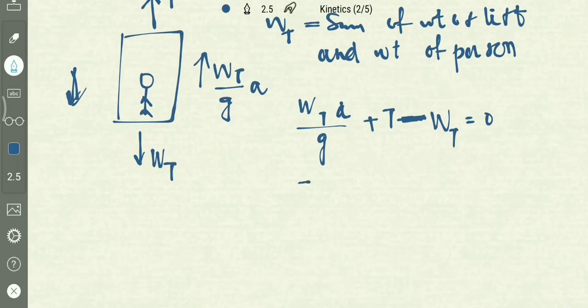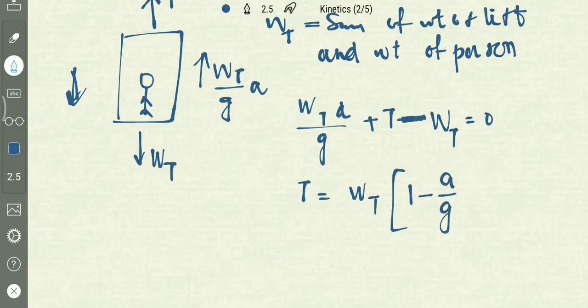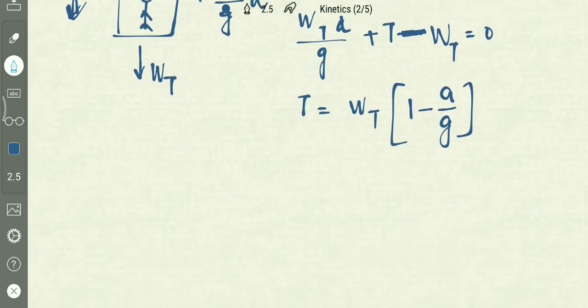Here what will be the tension? T is equal to, taking Wt as common, Wt into (1 minus a by g) when it is moving downwards.